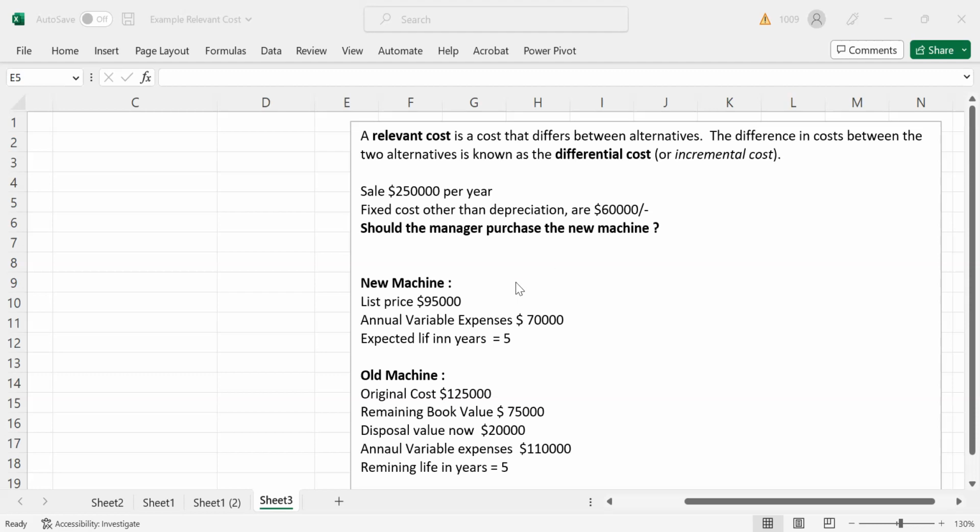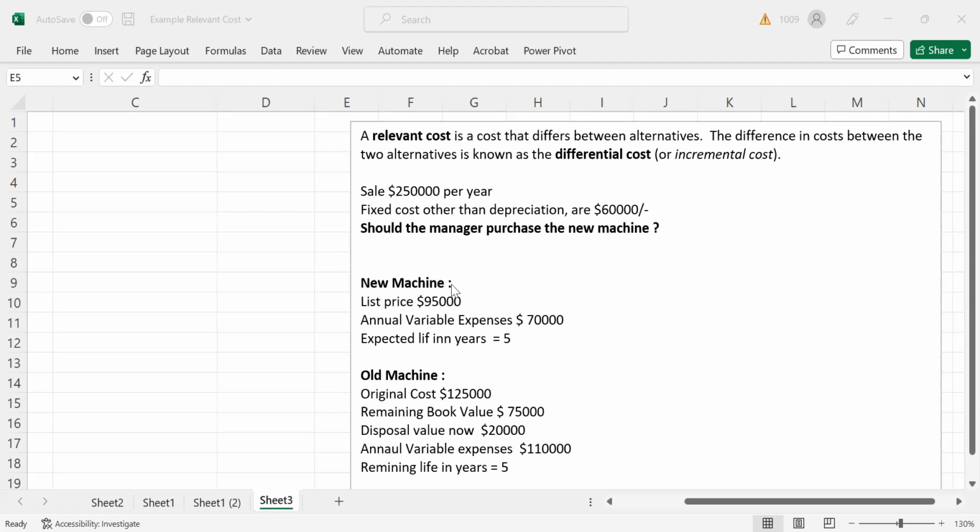For example, in a company, the sale in 1 year is $250,000, and the fixed costs other than depreciation are 60,000. Now, with the other information available below, the company asked the manager whether he should decide to buy the new machine, or whether they are good with the existing machine.